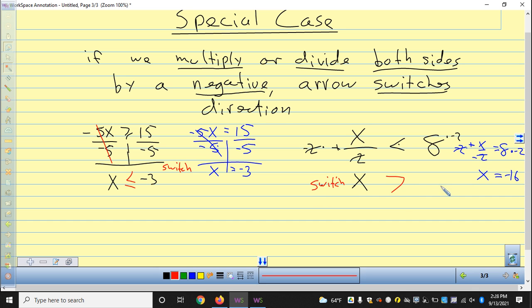So that's going to be greater than -16. So I multiplied both sides by a negative, so I had to switch the arrow. All right, any questions there?